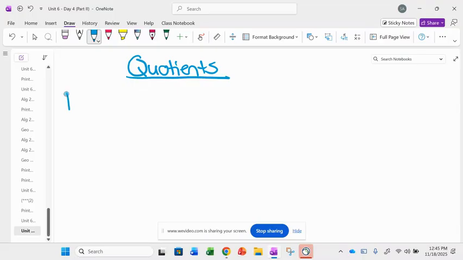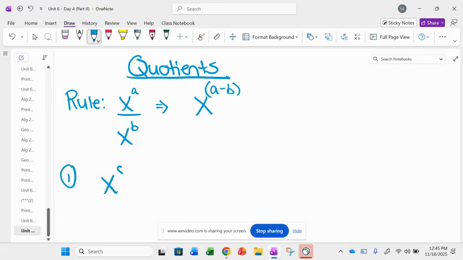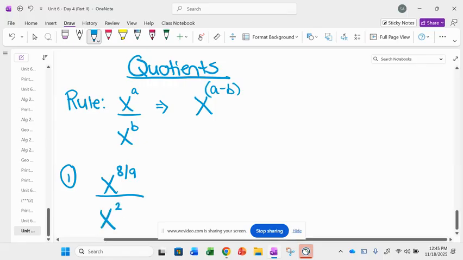Okay, so the rule for dividing, which we all know, if I have x raised to the a power divided by x raised to the b power, we are going to get x raised to the a minus b power. So let's say I have x to the 8/9 divided by x to the 2/9.